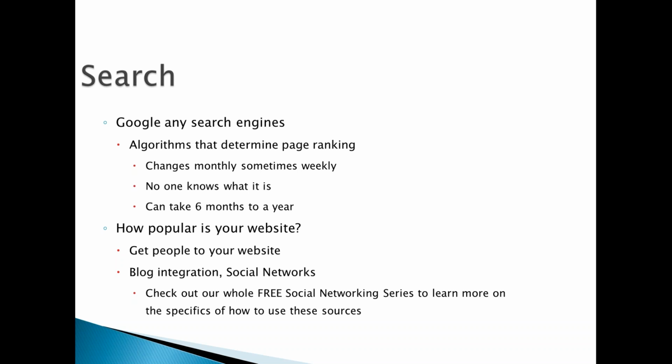So this algorithm, it can change monthly, sometimes weekly, sometimes daily now. No one really knows what it is. And it can take anywhere from 6 months to a year to get your website up on the page 1 of the rankings if you do it right.